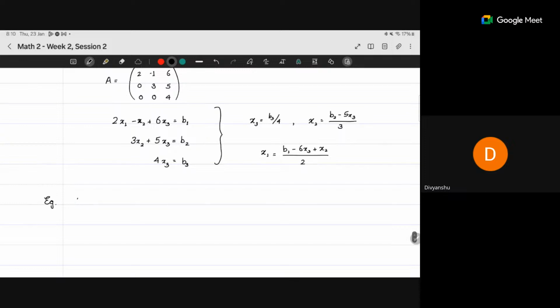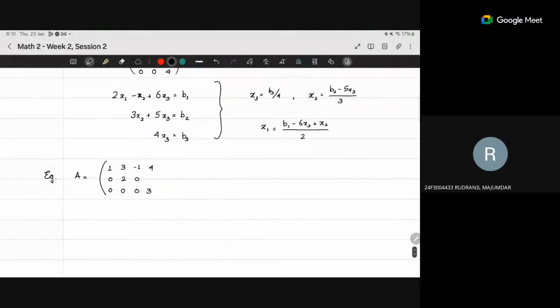Or let's go slightly more complicated, but in the same spirit. Let's say we have A equal to, let's take a 3 by 4 matrix, for example. This is not exactly upper triangular, but this still has a certain pattern, right?